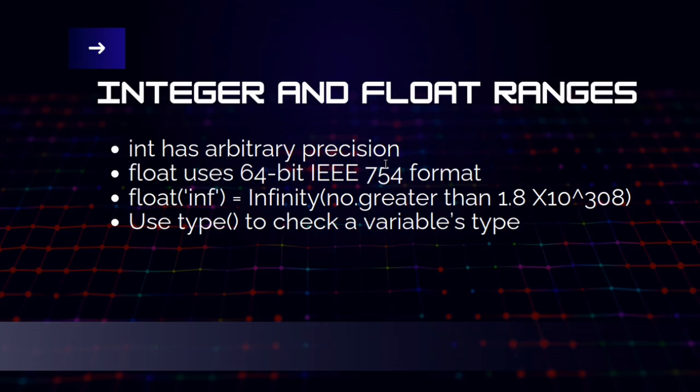As per this standard, the maximum value a float can take is approximately 1.8 times 10 to the power 308. A number greater than this is represented as inf, short for infinity. We can use the type function to check a variable's type.